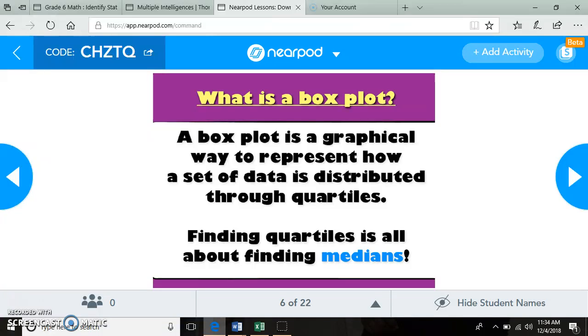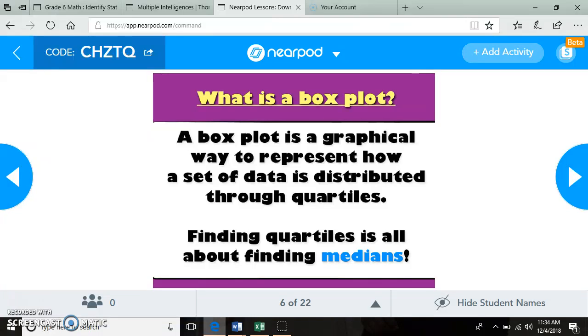So now I will start talking about what we are learning today, and that is, what is a box plot? A box plot is a graphical way to represent how a set of data is distributed through quartiles. And finding quartiles is all about finding the medians.